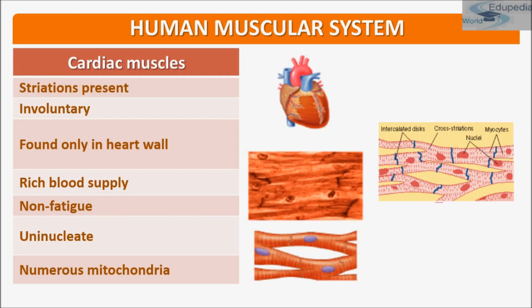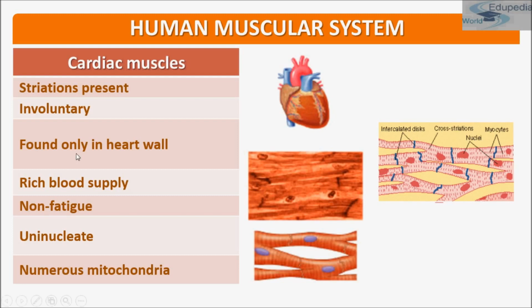Because of the presence of a large number of mitochondria and myoglobin and a good blood supply that allows continuous aerobic metabolism.